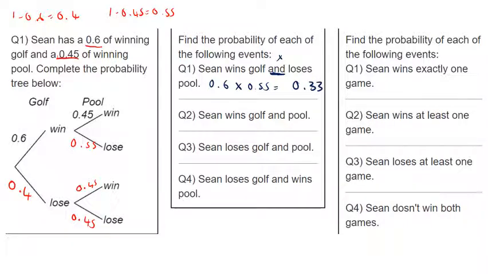Just check that. Perfect. Next one, Sean wins golf and pool. So he wins them both. So winning golf is 0.6. Winning pool is 0.45. And so we multiply again, which is 0.27.